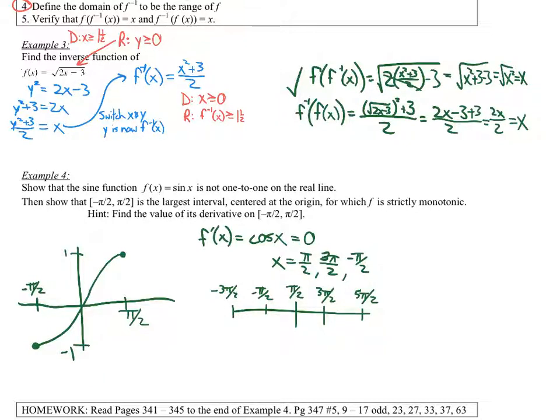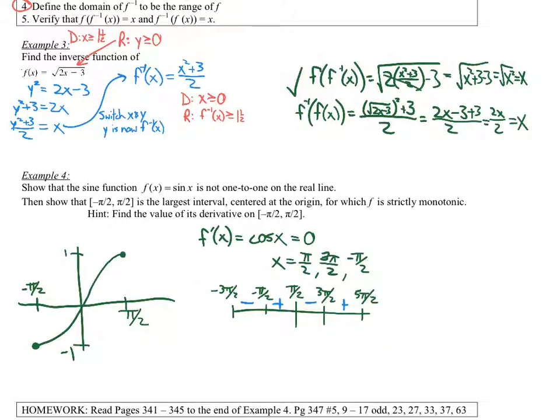If we checked values, for example, cosine of 0 is a positive 1. Cosine of pi is negative 1. Cosine of 2 pi is a positive 1. Cosine of negative pi is also negative 1.